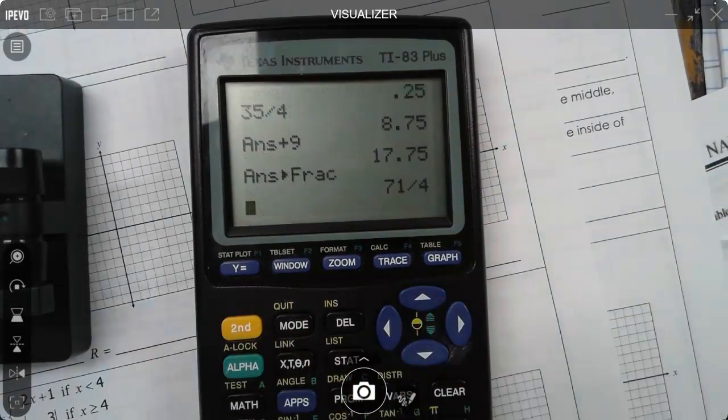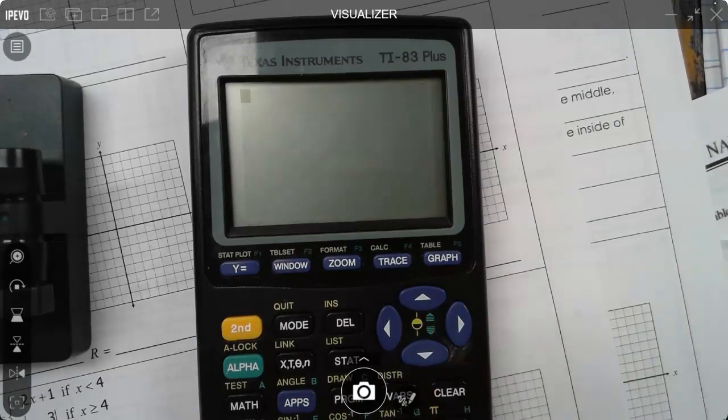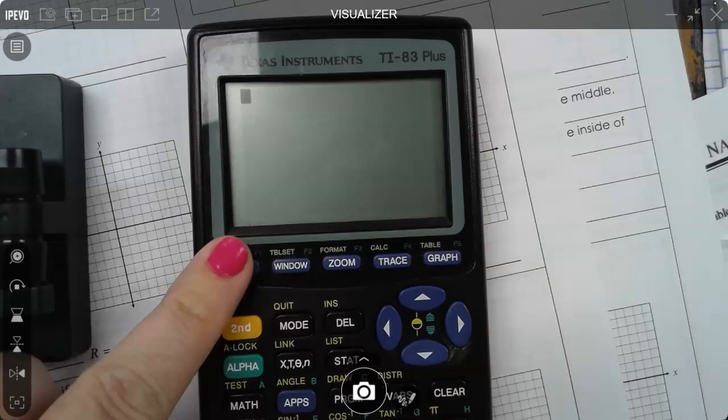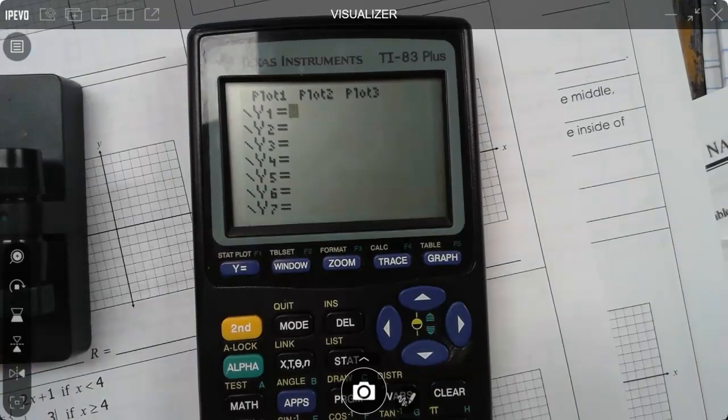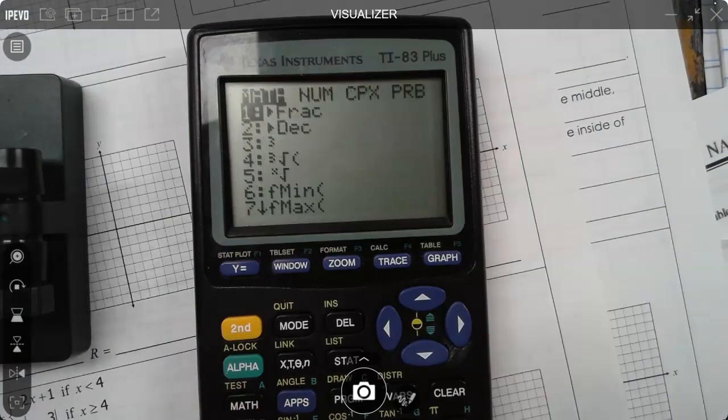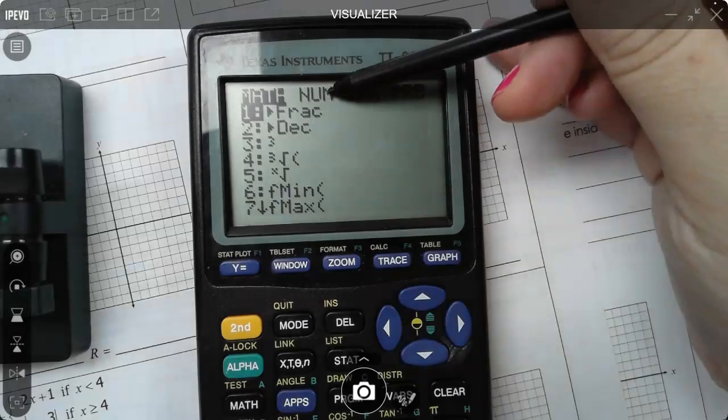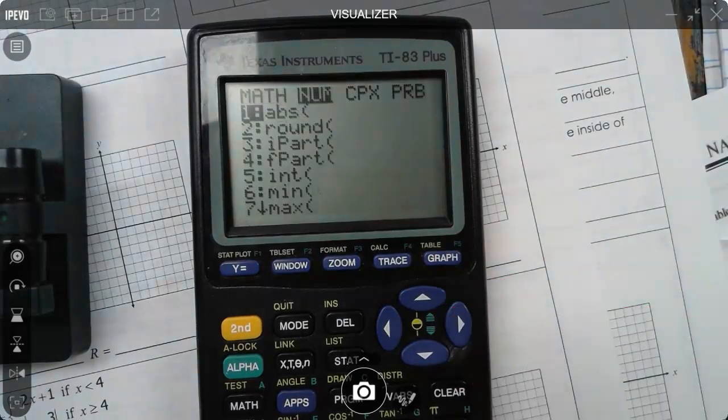Sorry, I'll wait on you. No, you're good. All right, y equals, math under the green alpha button. Scroll over 1, see where it says NUM at the top, and ABS. Enter.